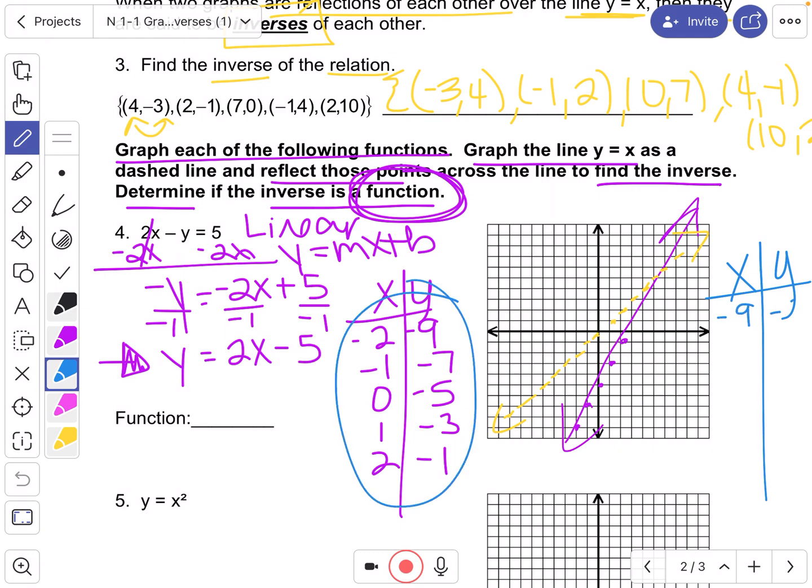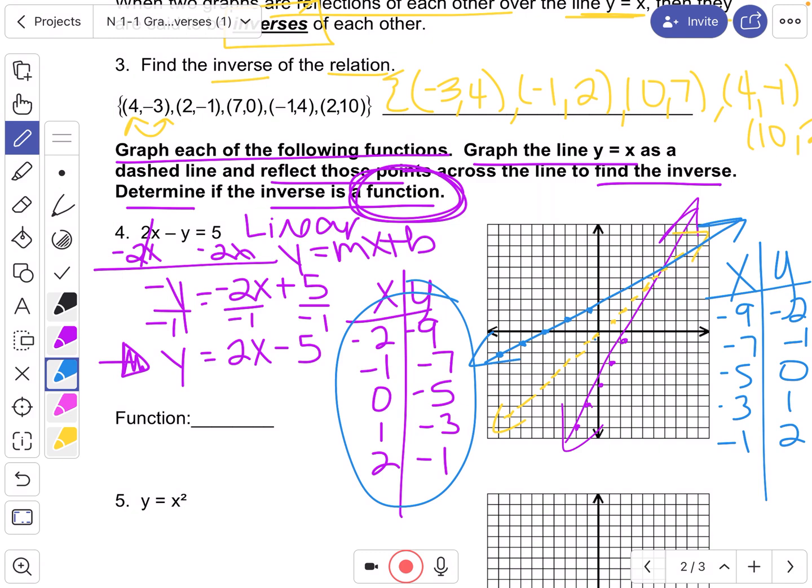So -9, -2, -7, -1, -5, 0, -3, 1, -1, 2. And we're going to plot those points. And then we connect them, make sure you extend it throughout your graph.